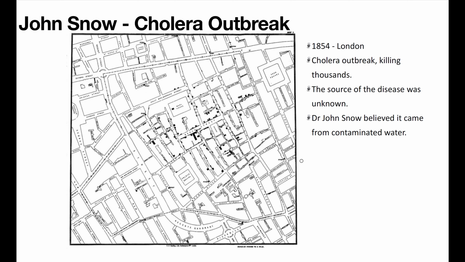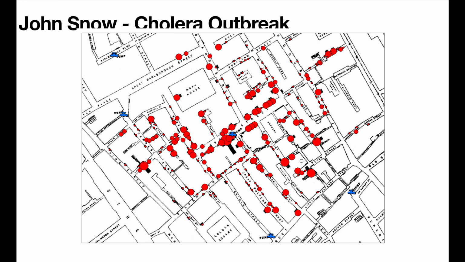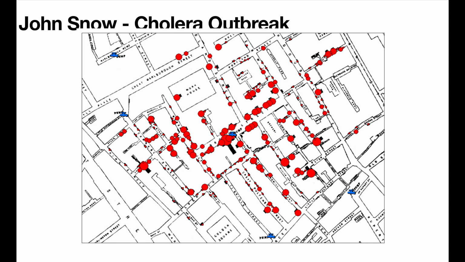This is John Snow's cholera outbreak image that helped the local government officials in London identify a particular water pump as possibly being the source of a cholera outbreak and shut that down. Okay.